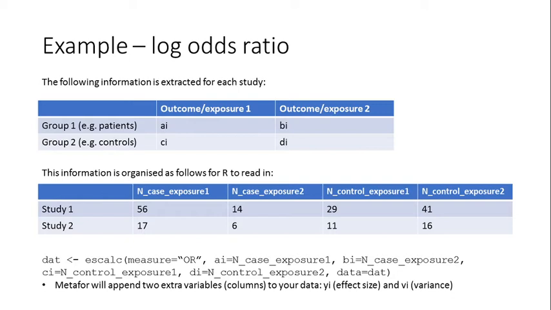Again, using escalc, you want it to give you the OR, or if you want the standardized mean difference, you can use a thing called OR2DN or something. It's all in the guide. You can look more closely at it. But essentially, if you do that, again, it will append onto the end a yi and a vi column, so that's the effect size and the associated variance for each study.